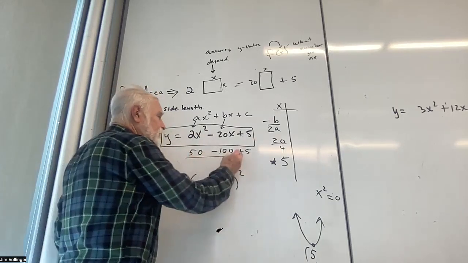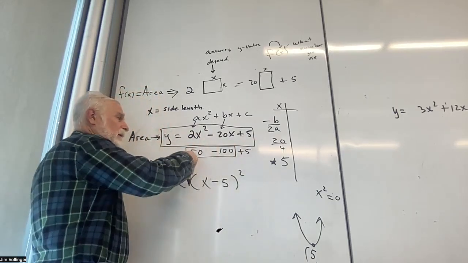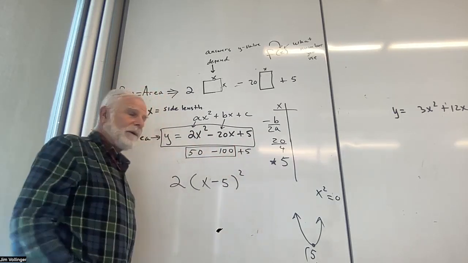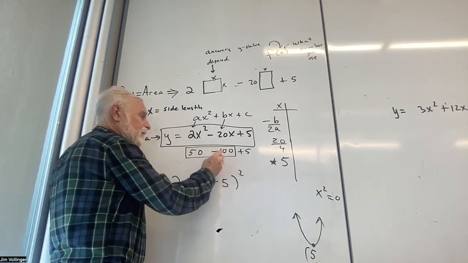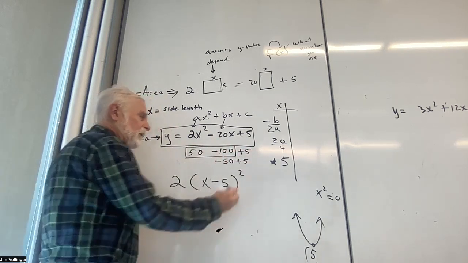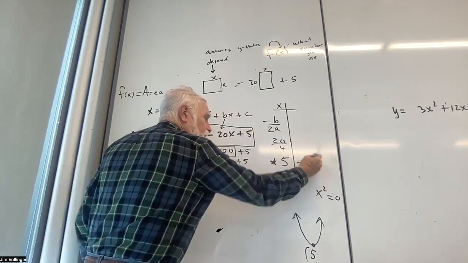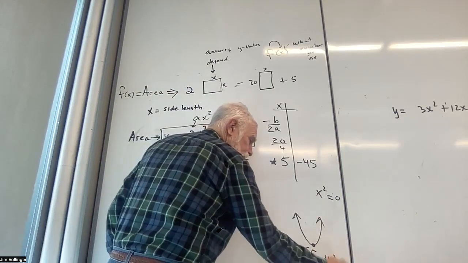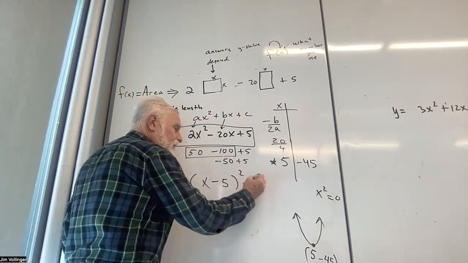Now, when you add these two terms, you either get the opposite of the first term or half of the second term. I prefer to divide the second by 2 and add 5, and that tells me that minus 45 is my y value. And I can write that minus 45 here.